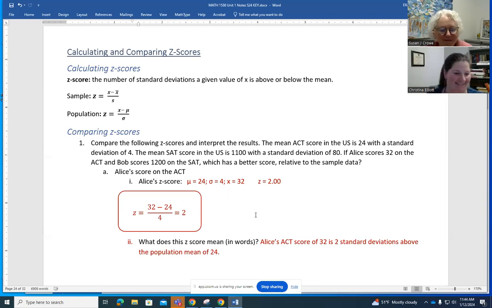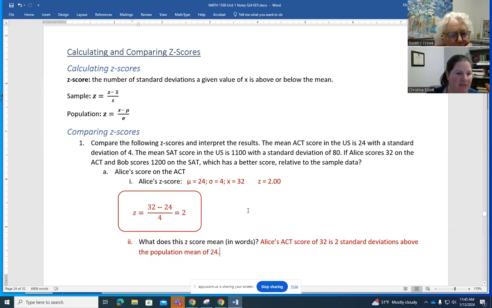In words, Alice's ACT score of 32 is 2 standard deviations above the population mean of 24. That calculation is how you calculate the z-score. This is not something you can find in StatCrunch. You do need to use the z-score formula.